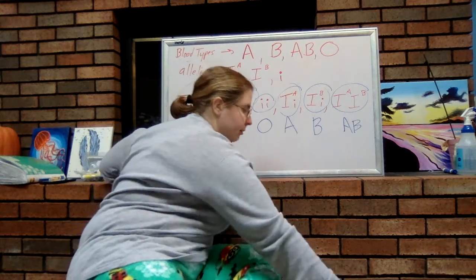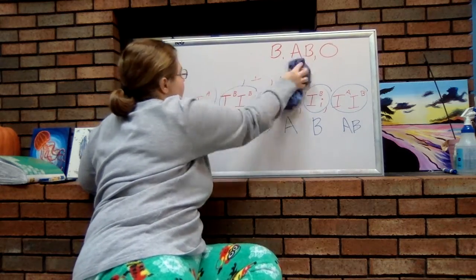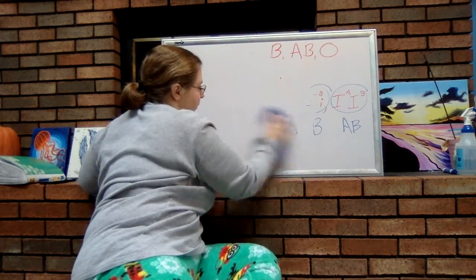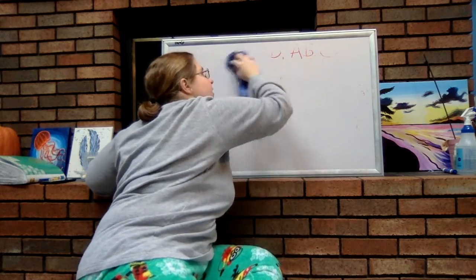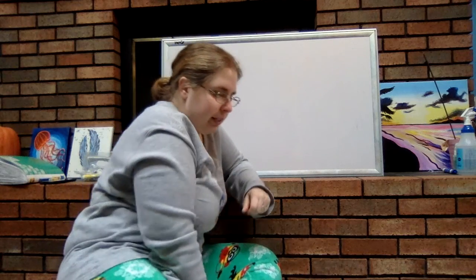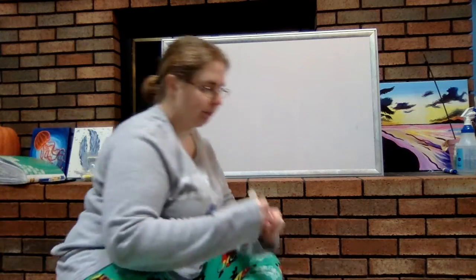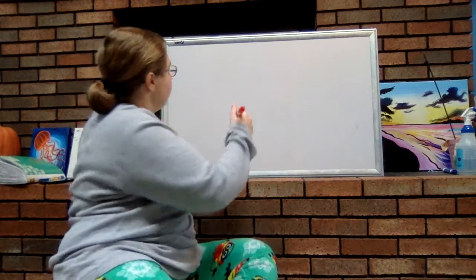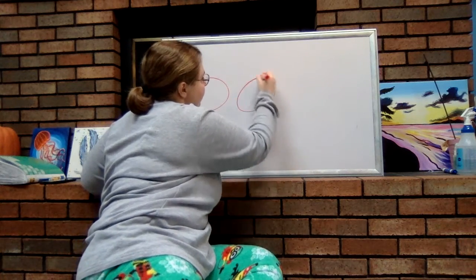Now, a lot of times kids are like, well, what does that mean to be A, B, or O? I will tell you. So what this leads to is certain antigen receptors on the surface of the blood cells. I'm going to draw 4 blood cells.